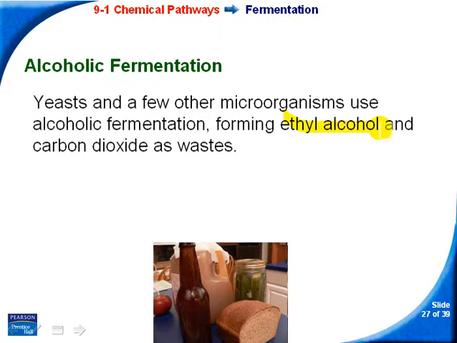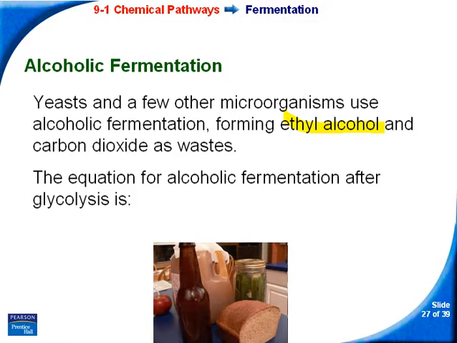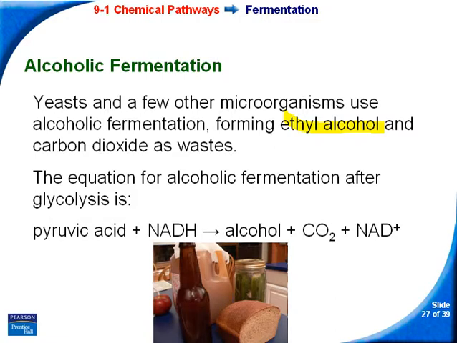There's some carbon dioxide left in the beer. In bread, you'll see it as these little holes inside the bread, and that all contains carbon dioxide. The equation for alcoholic fermentation after glycolysis is pyruvic acid plus the NADH yields us alcohol, CO2, and NAD+.